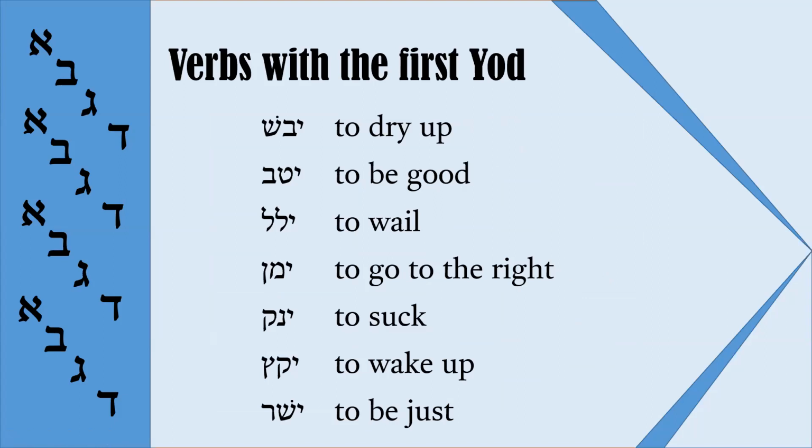It will never assimilate with any other letter. So it will remain always. So there is no problem with this group, because they will always retain yod in the root, and it will never hide under the prefix or whatever. So it will be always in the root.